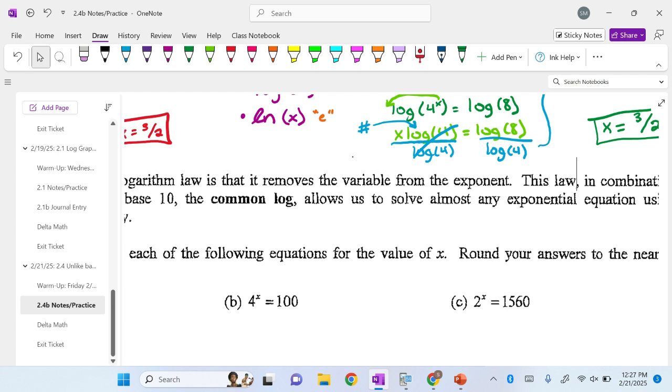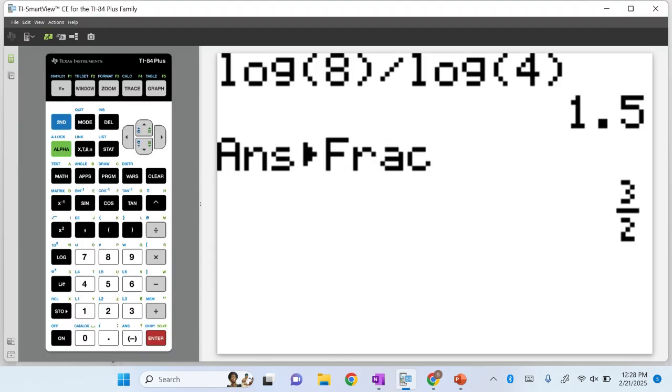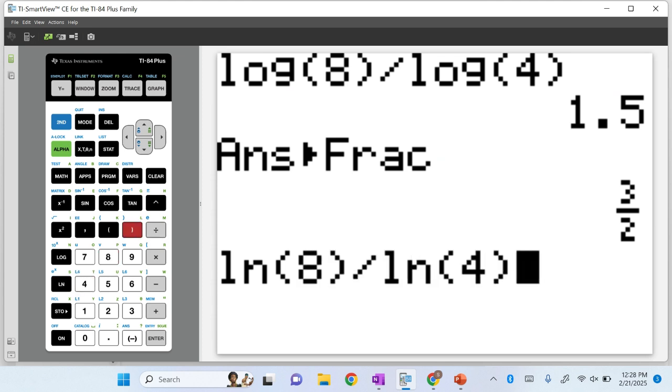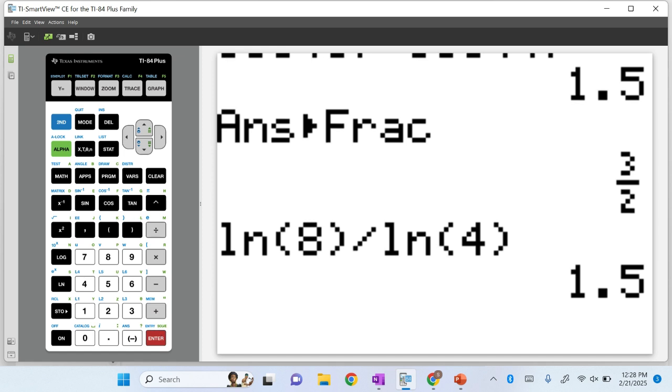But typically we use either common or natural. Like either one would work. So for example, if I just did the natural log of 8 divided by the natural log of 4, I get the exact same answer. It doesn't matter what type of log you use as long as it's consistent. You can use natural log, common log, log base 3, log base 2. Any type of log will give you that same answer.